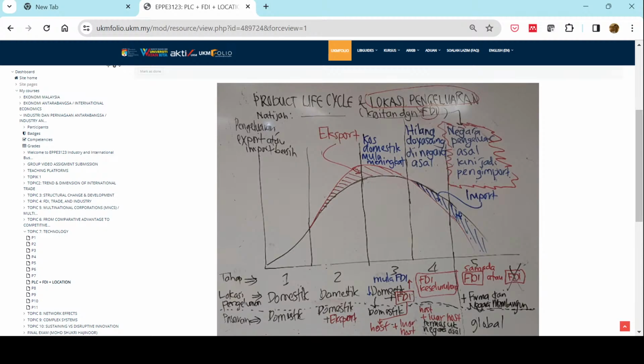The production is overseas through FDI. And the market will be in the host country, serving the host country, plus outside of the host country, plus including own country.